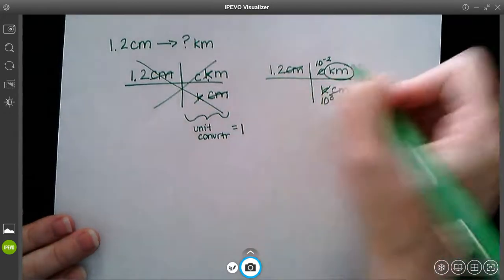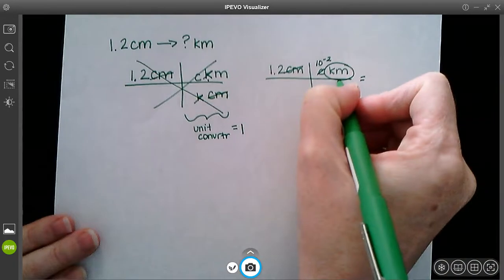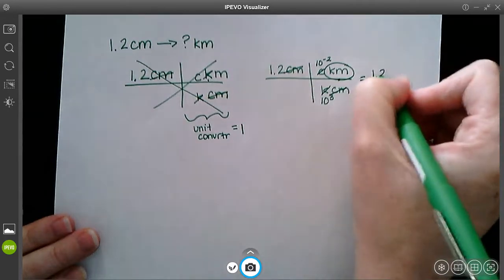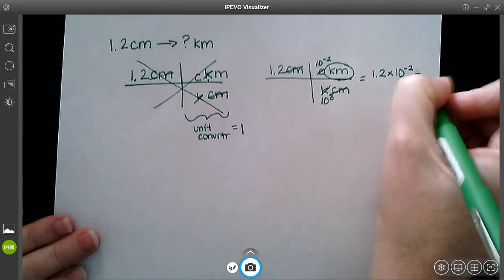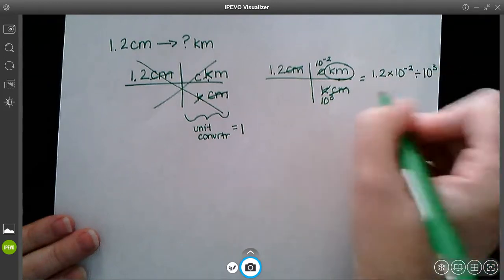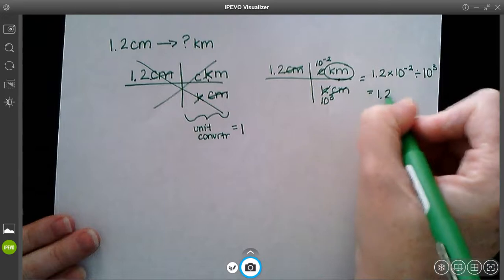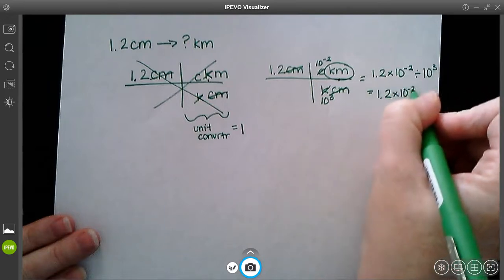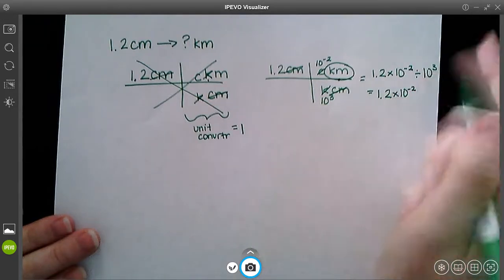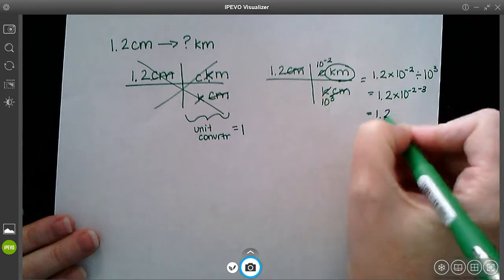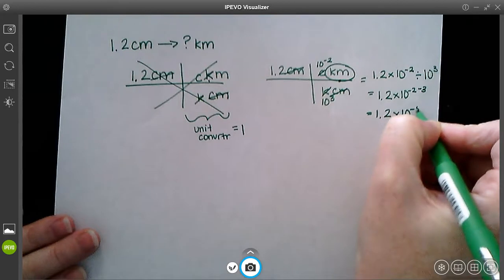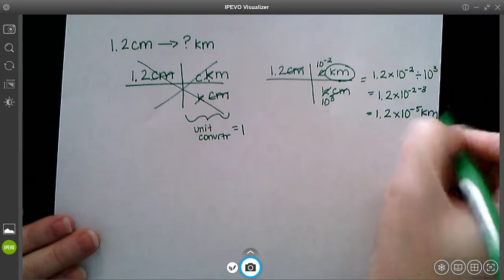So eventually I've got just numbers and my final unit left. I do 1.2 times 10 to the negative second divided by 10 to the third. Since I'm dividing by the third, I subtract 3. So this is 1.2 times 10 to the negative fifth kilometers.